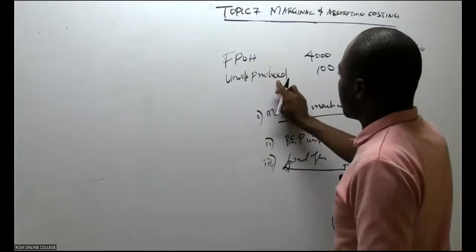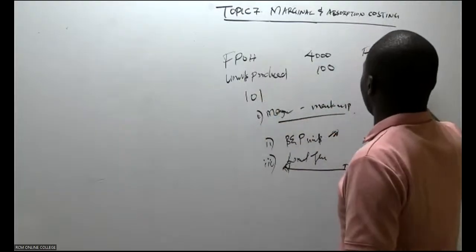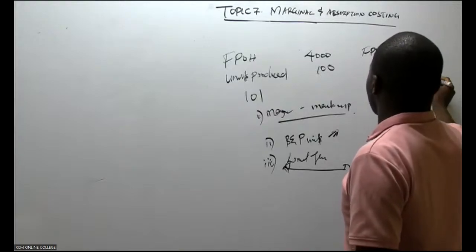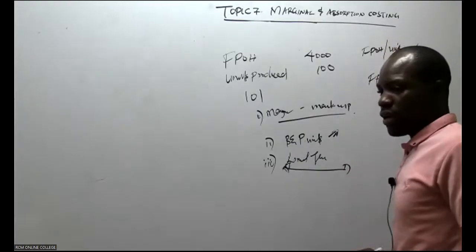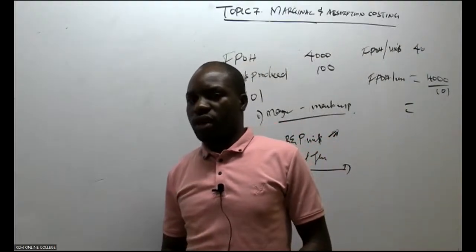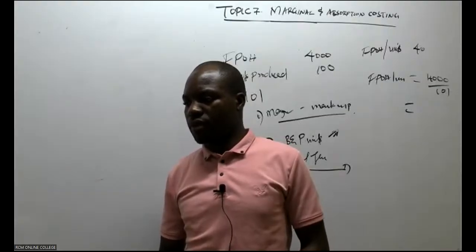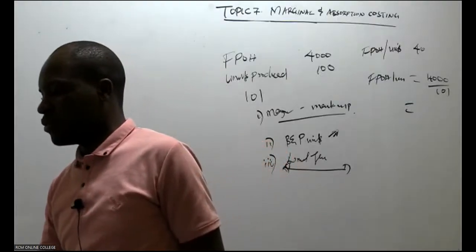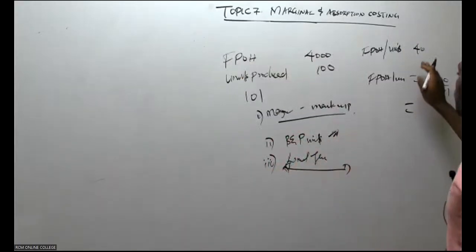When these units are now increased by just one, that is 101, what will be the new fixed production overhead per unit? We are going to have 4,000 still, but now you divide by 101. What will we have there? 4,000 divided by 101 is 39.6. It has now reduced from 40 shillings to 39.6.